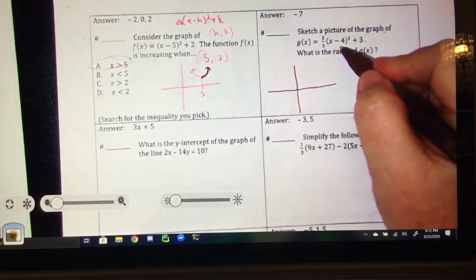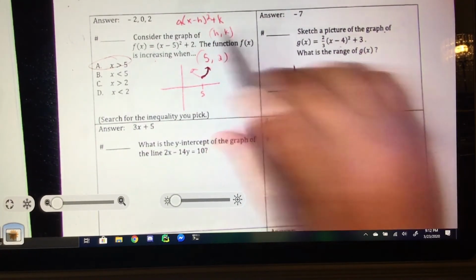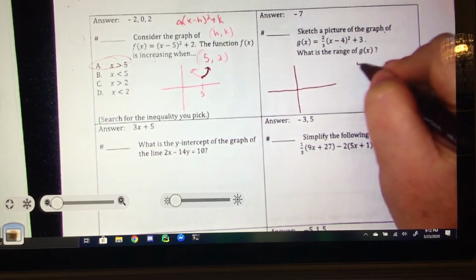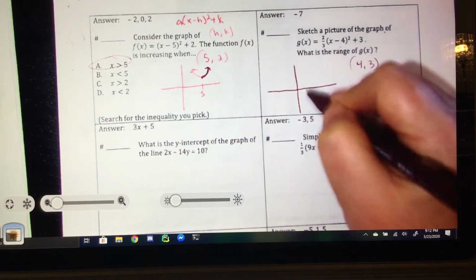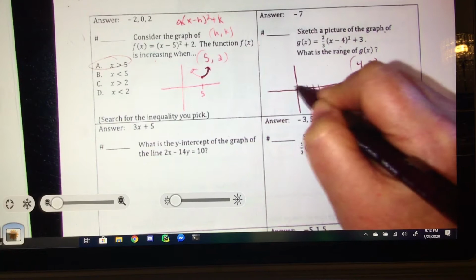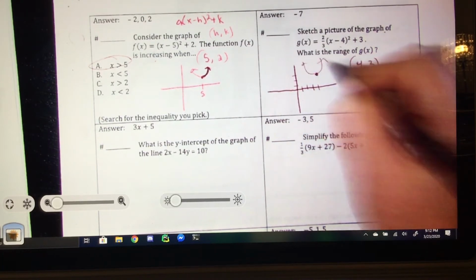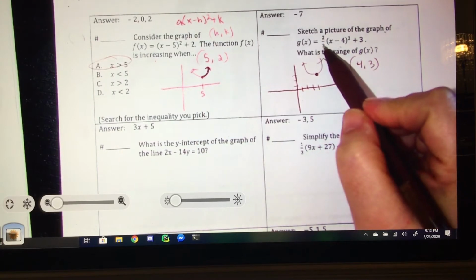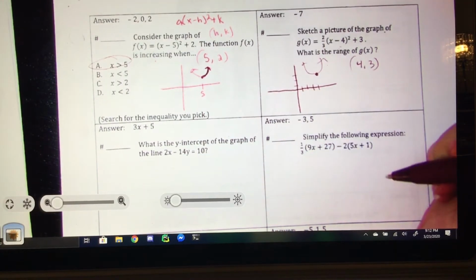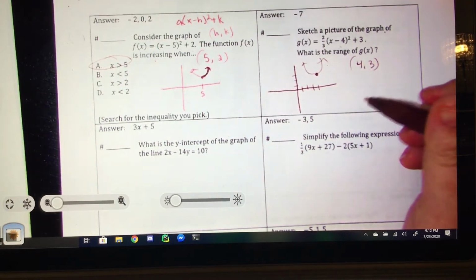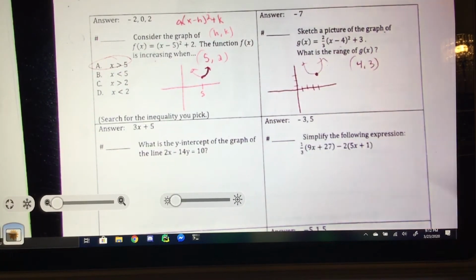Okay, so using the same formulas we did for the previous one, my vertex would be at 4, 3. So 1, 2, 3, 4, 1, 2, 3, about right here. I don't even care what the a value is right now because all we want is range, and the 2/3, we don't need it.